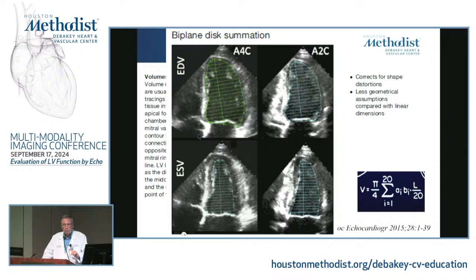If you're doing a single plane method of discs, then the system assumes that the other plane is going to have the same measurements as this one and just duplicates them.